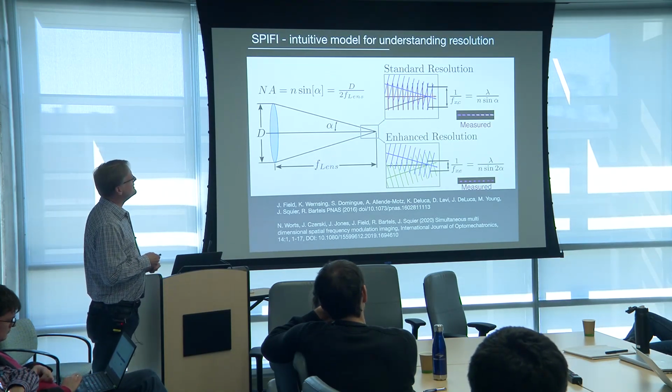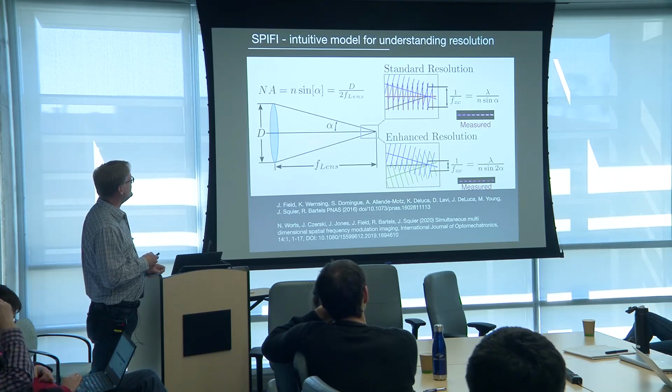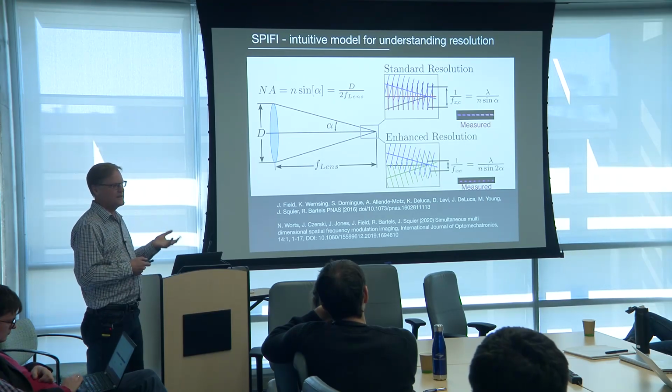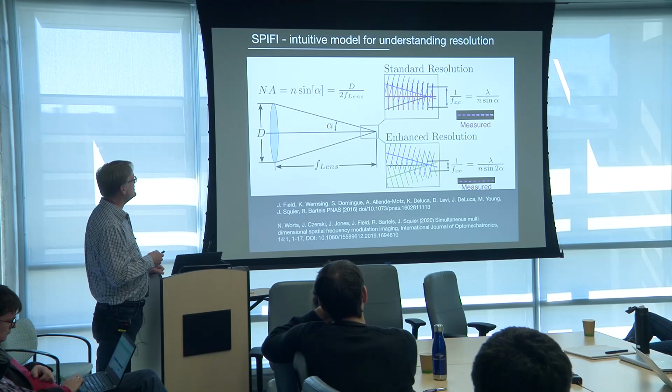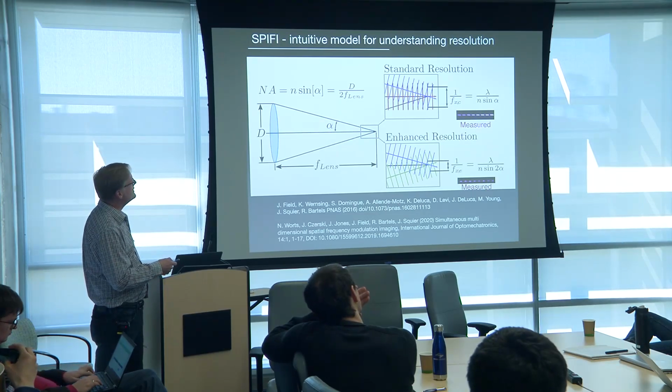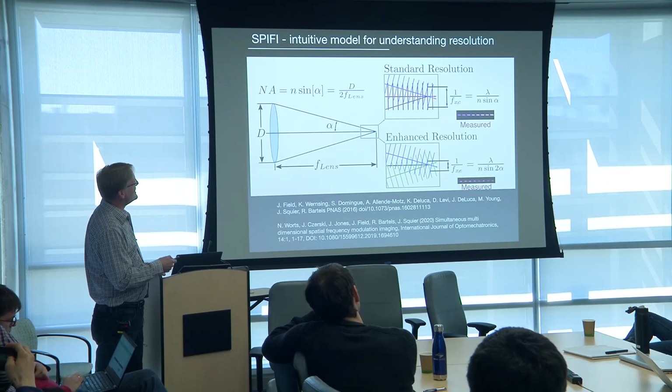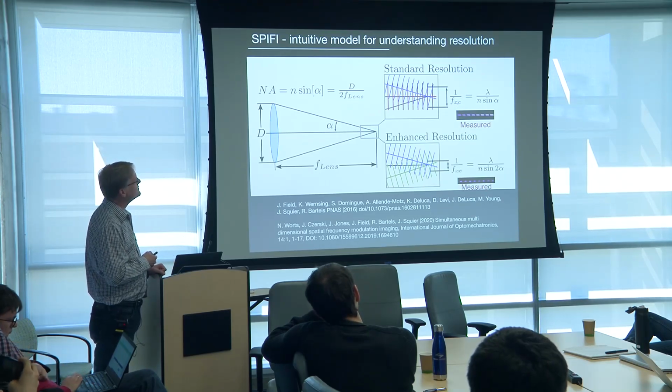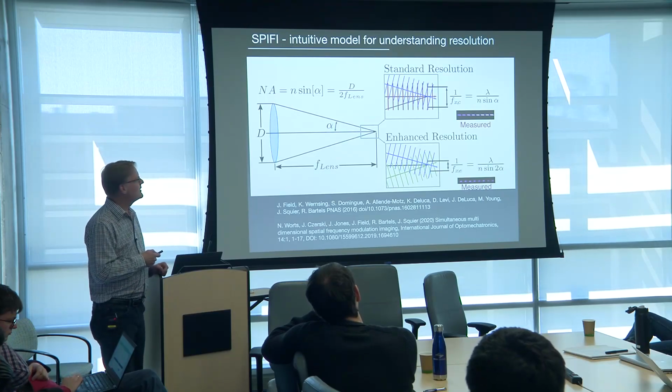This is how it works: normally your cutoff frequency in these coherent cases is defined by the NA of your lens, the half angle between the marginal ray and the chief ray. There's our cutoff frequency, and that's the actual measured spatial frequency between a light sheet going here and here.